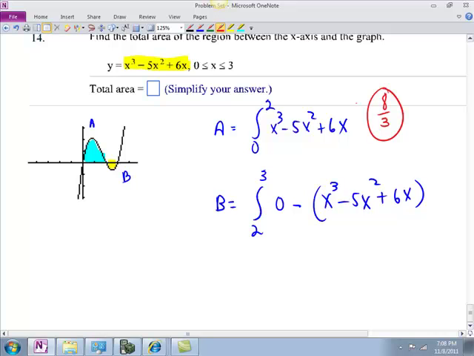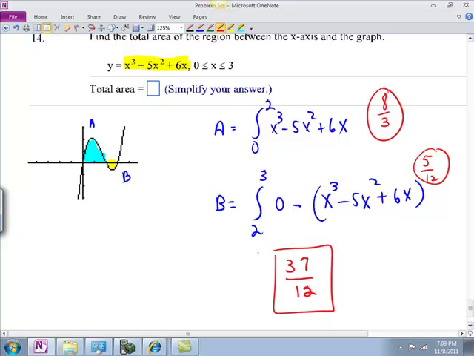I got 9 fourths. Positive or negative? Positive. I don't know what I have written here. I don't even know if this goes with my problem. All right. Does that work?